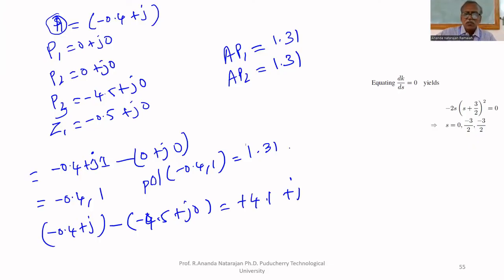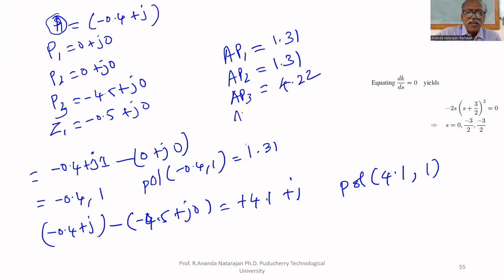So pass this to polar coordinate, polar 4.1, comma, 1. You will get the magnitude. The distance between P3 and A can be obtained directly by calling the polar function. AP3 distance equal to 4.22.